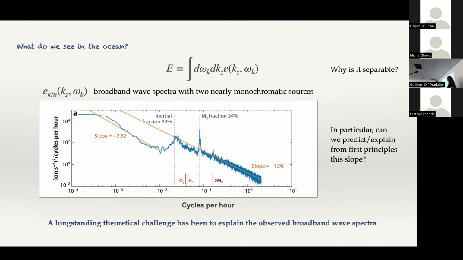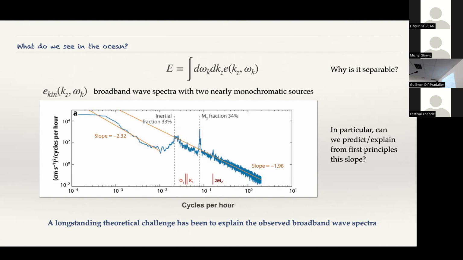There are also other smaller questions. The facts are very clear for oceanographers, but they don't have an analytical or fundamental reason why they are true. For example, the spectrum that is measured in the ocean is separable in these two variables.